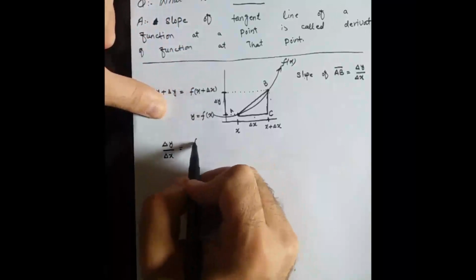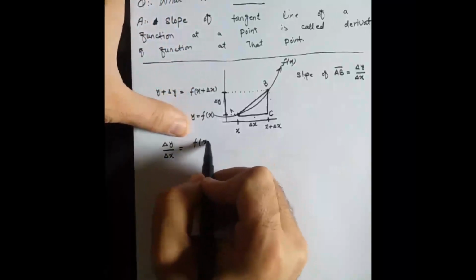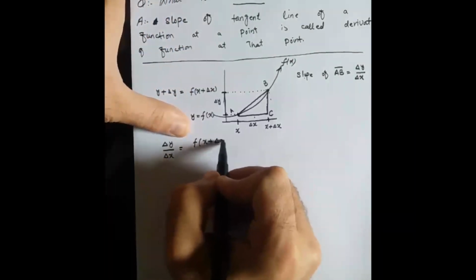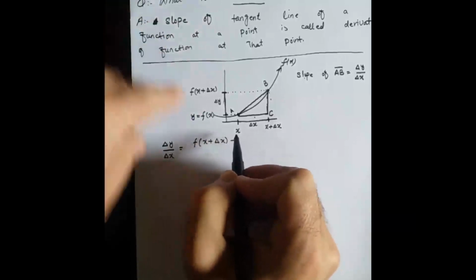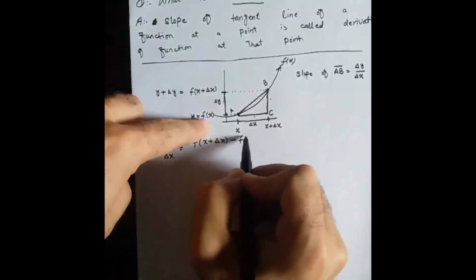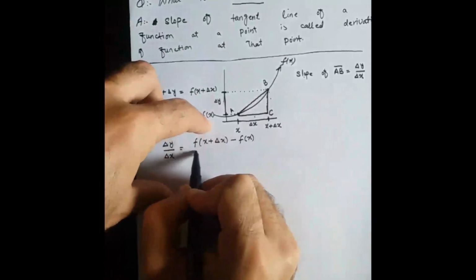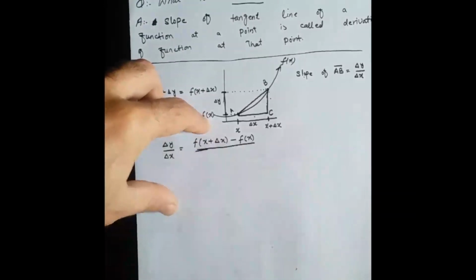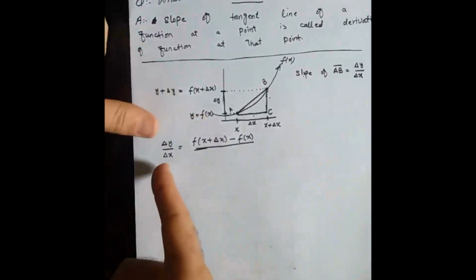That is f of x plus delta x minus f of x, over delta x.